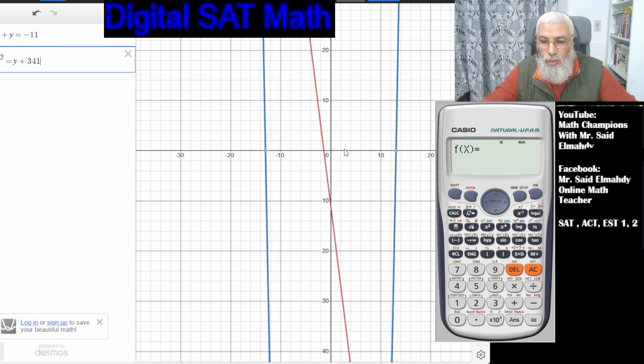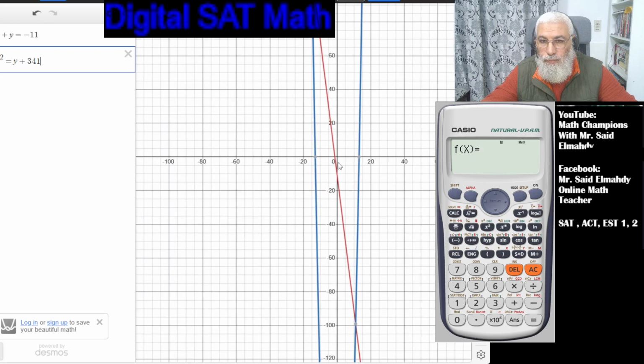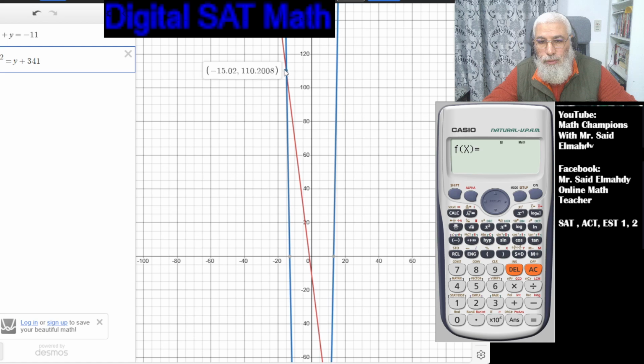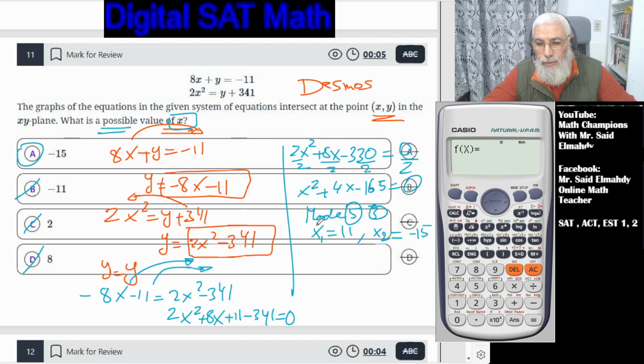So this is a solution, 11, so x is equal to 11. And the other solution is here, x equals negative 15. So we have x equal 11 and x equal negative 15. So the solution is A.